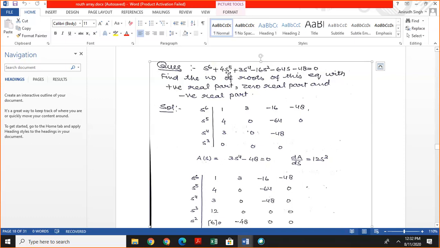For s raised to the power 5, first coefficient is 4, then this 0 multiplied by s raised to power 3 is 0, minus 64.